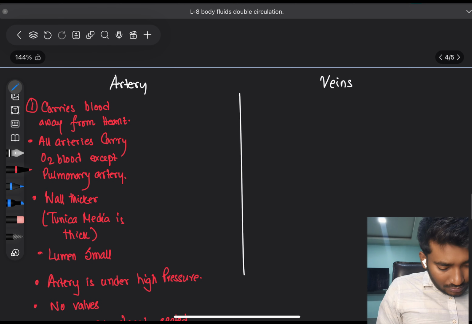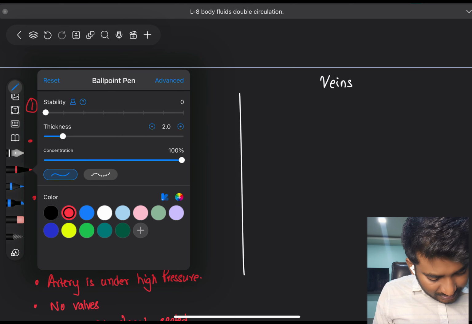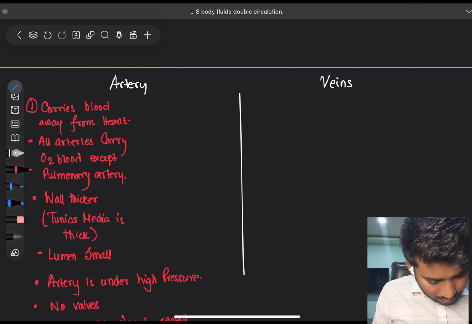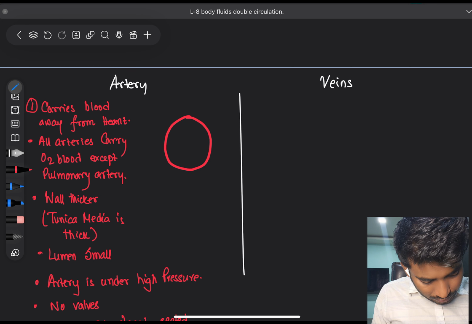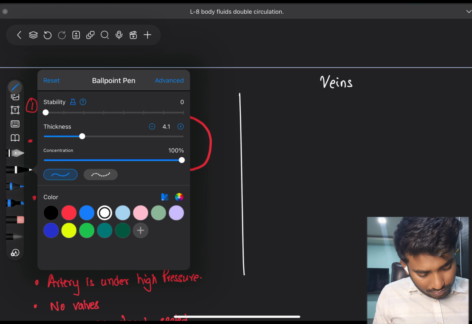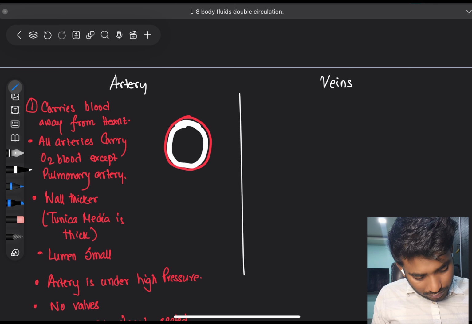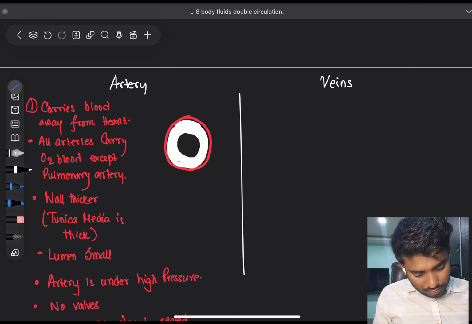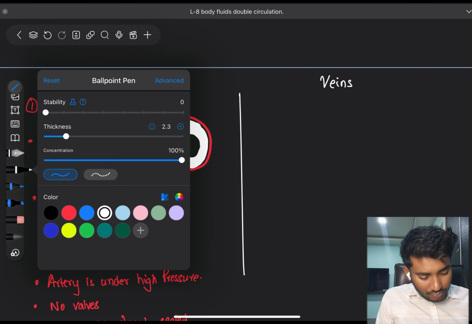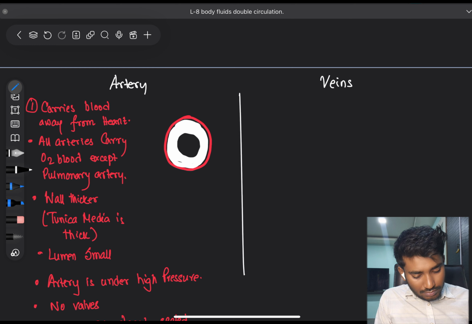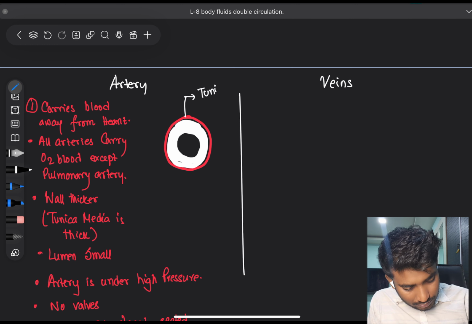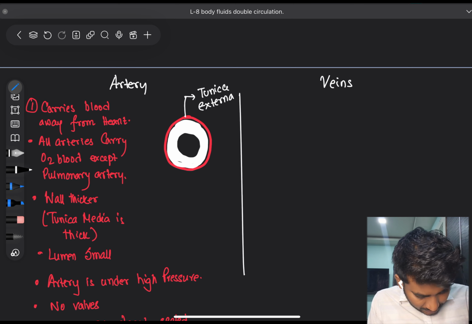So I'm drawing a picture of an artery. The outer layer is tunica externa. The middle layer is tunica media.